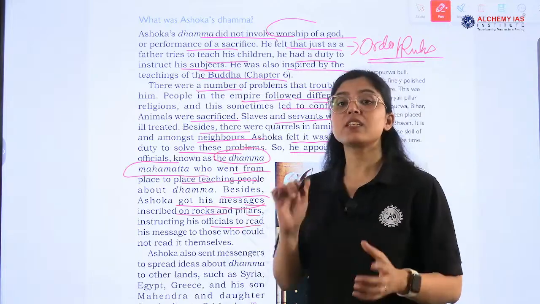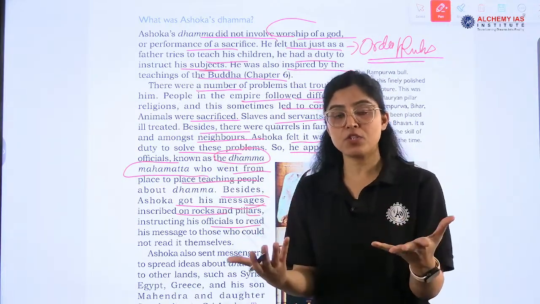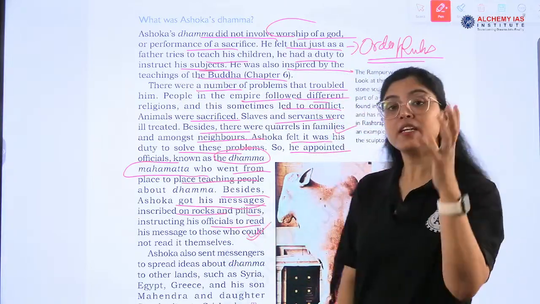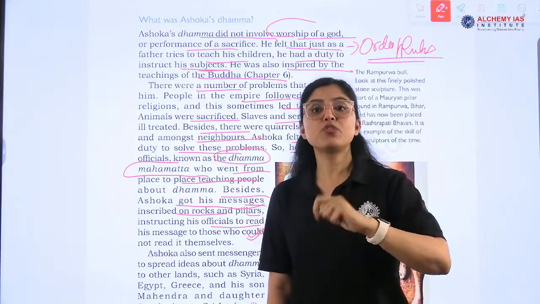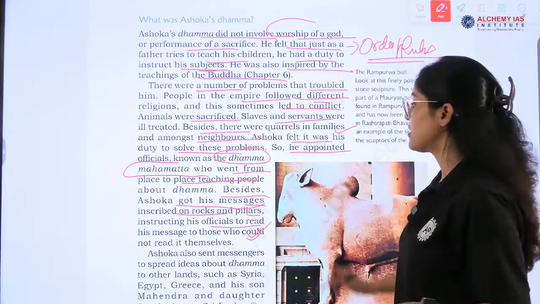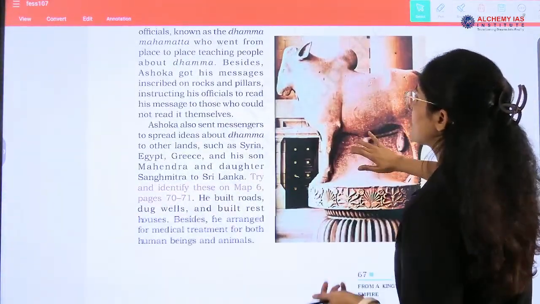These instructions were telling what is the role of a person, what is the role of a king, what is the duty of a king, what is the duty of a subject. All this information has been given in the pillar inscriptions and rock inscriptions.